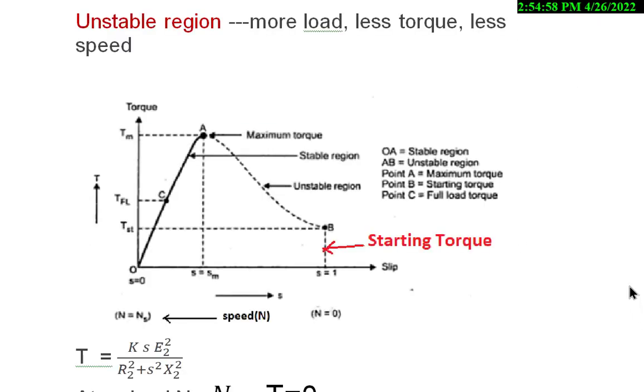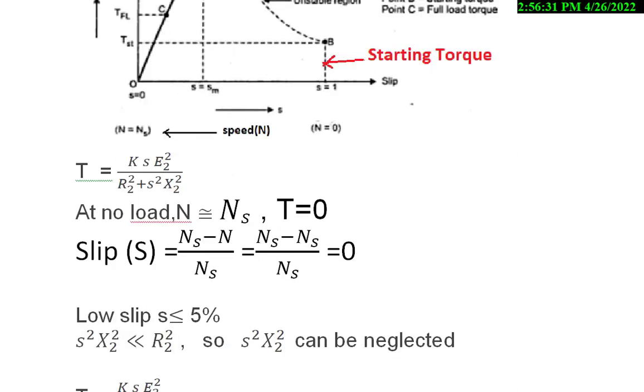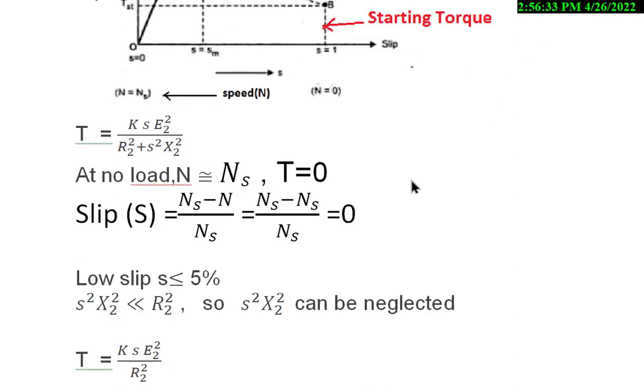To understand the torque speed characteristics of the three-phase induction motor, let us see the torque equation: T equals K into S into E2 square divided by (R2 square plus S square X2 square). At no load condition, the speed of the rotor is approximately equal to the synchronous speed.